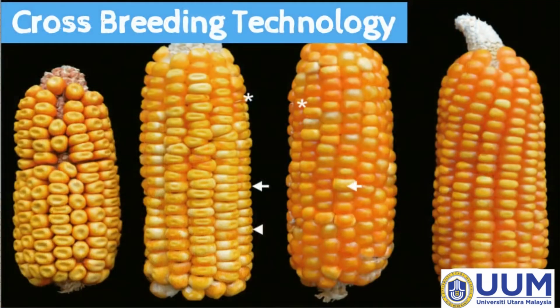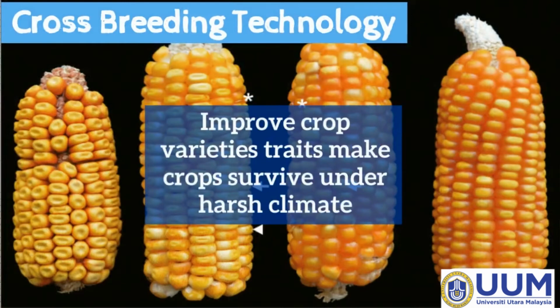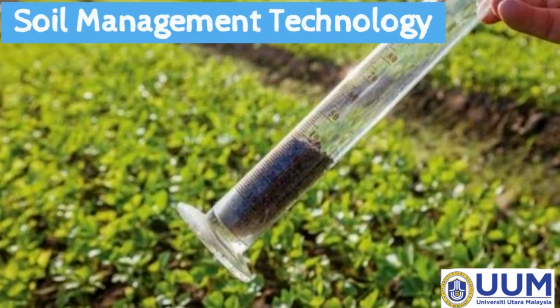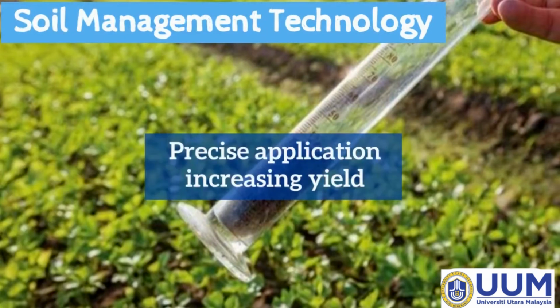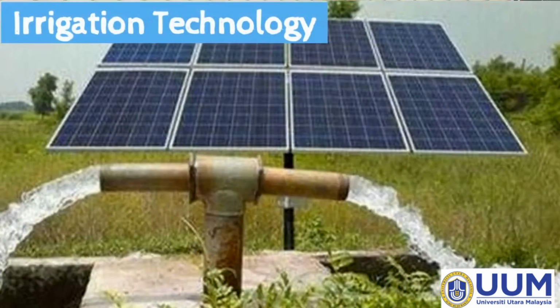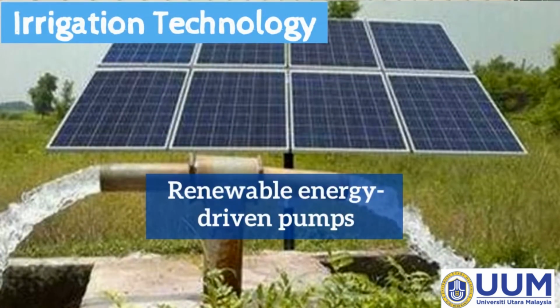Crossbreeding technology improves crop variety traits so crops survive under harsh climates. Soil management technology includes precise application that increases yield. Irrigation technology includes renewable energy driven pumps.